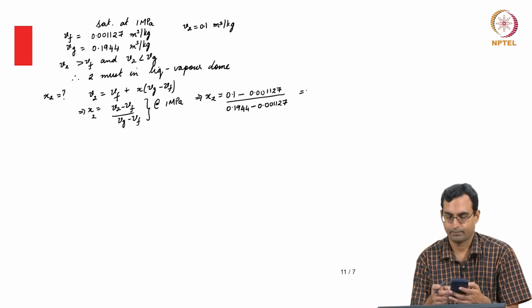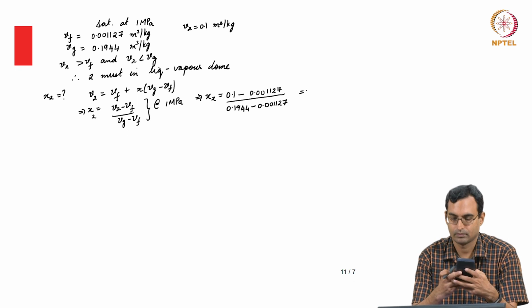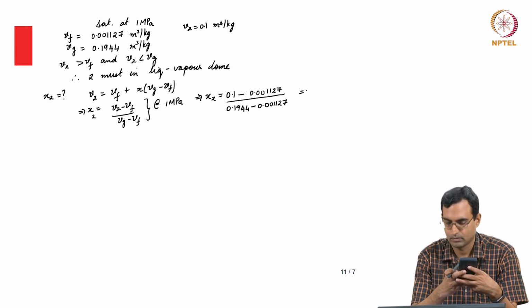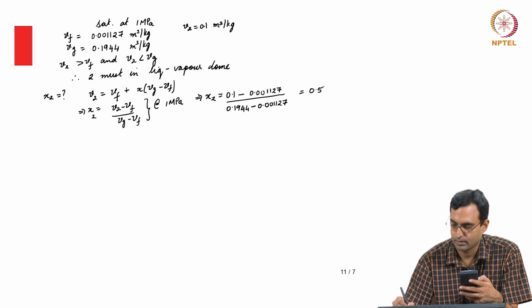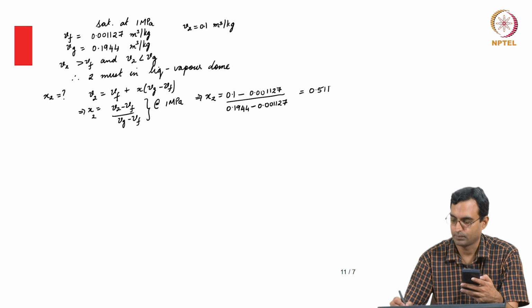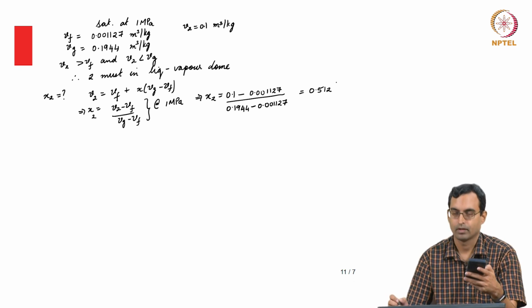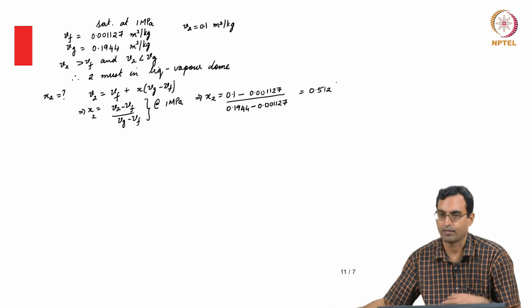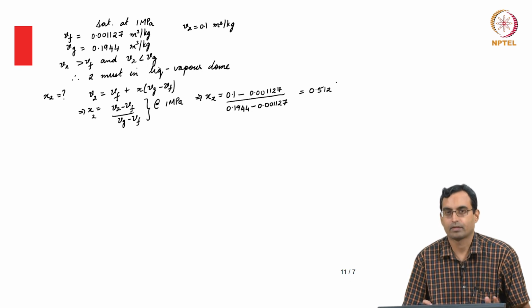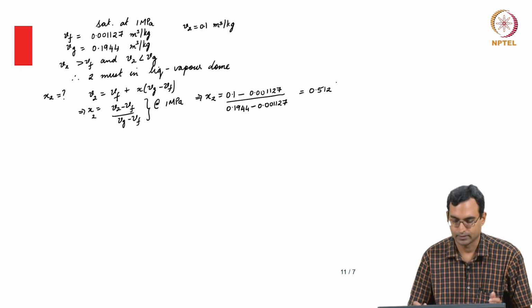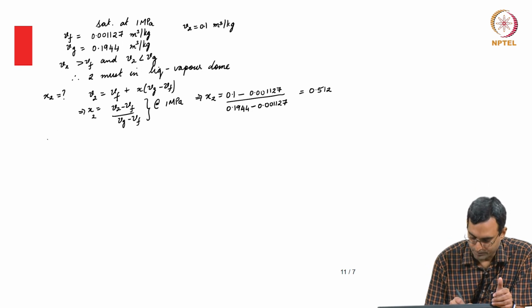Let us find out this. So, this comes out to be 0.511, actually 0.512 rounded off. So, we see that the quality has increased in this process. We have added heat to it. So, in the process some of the liquid has become vapor, the pressure has gone up, and so we have a higher quality here. So, let us find out u2.